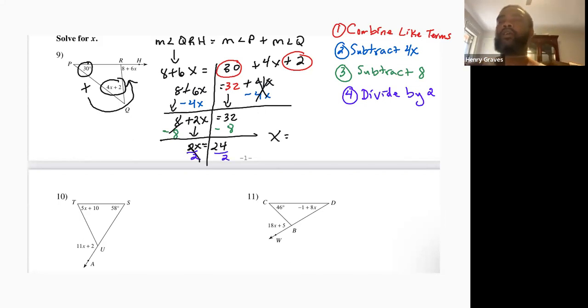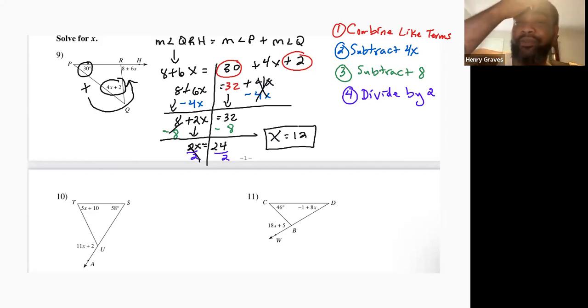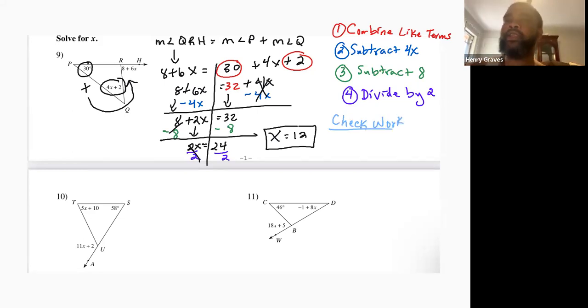And that's it. So the cool thing about this is I can check my work. Oh my gosh, yes, I can check my work. So I'm going to do check work here. We said that x is equal to 12, right? So I can plug in x for the measurement.